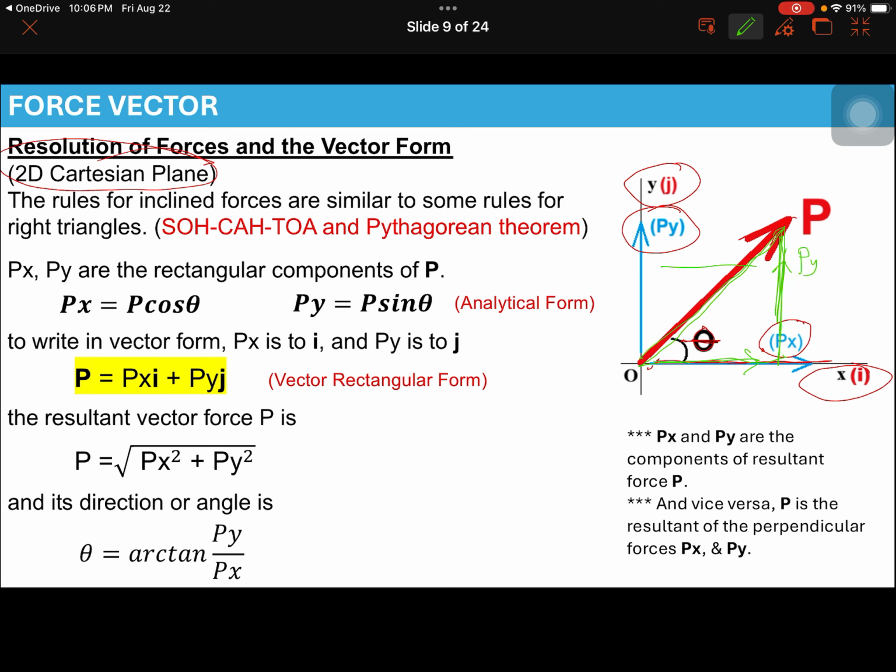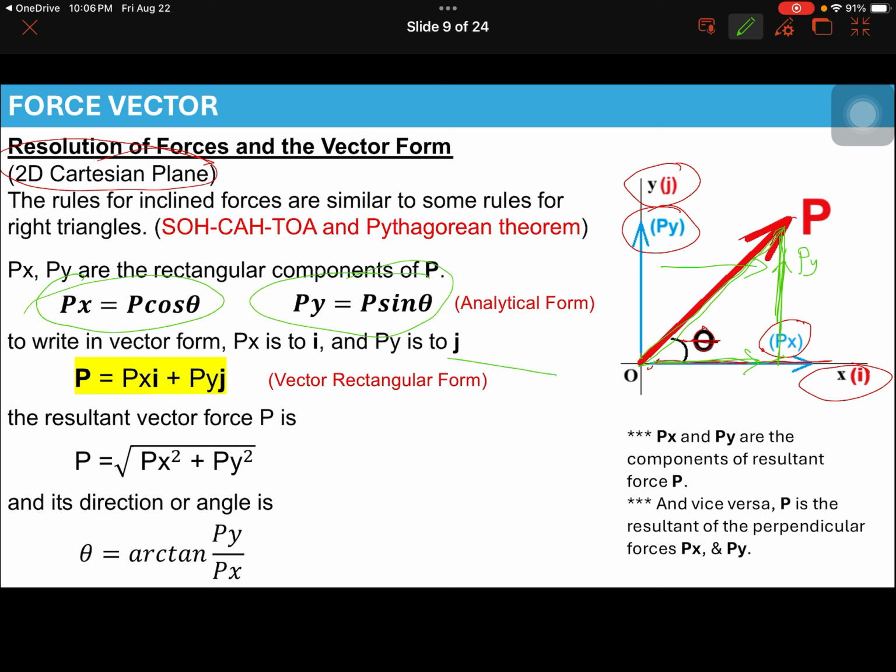Kumbaga, projected siya doon. Diba? So, you can use yung Pythagorean theorem. So, for Px, it is Px is equal to P cosine theta. And then, kapag Py, it is P times sine theta. So, we've shown naman na before paano yan, no?